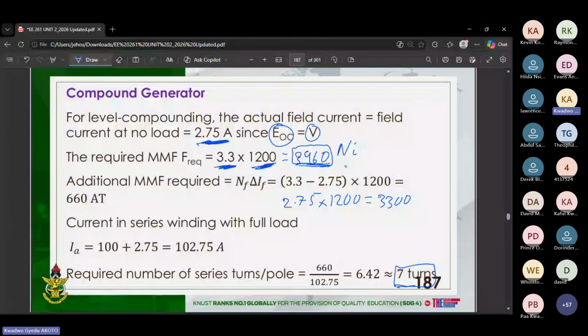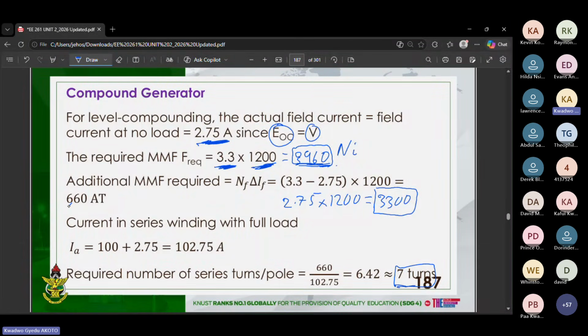Please, are you okay with that? Because in order for us to achieve flat level compounding, our total MMF must be 3,960, right? And then without flat level compounding, our total MMF was 3,300. So whatever is left, or the difference between the two, is the MMF being supplied by the series field winding, right? So the additional MMF being supplied by our series field winding is this.